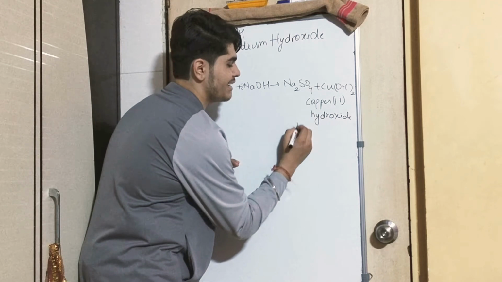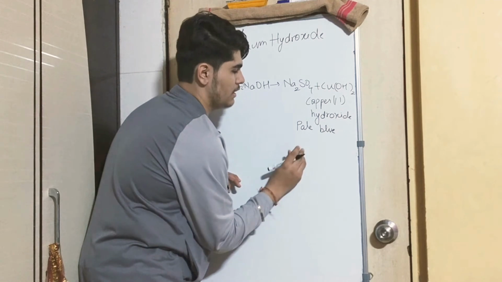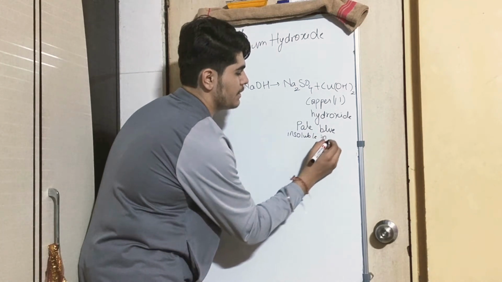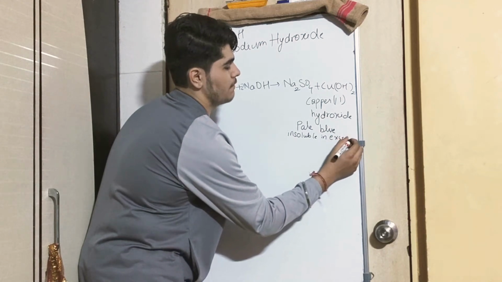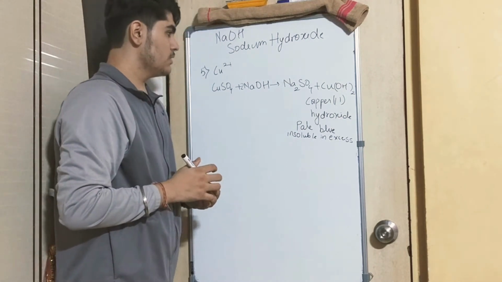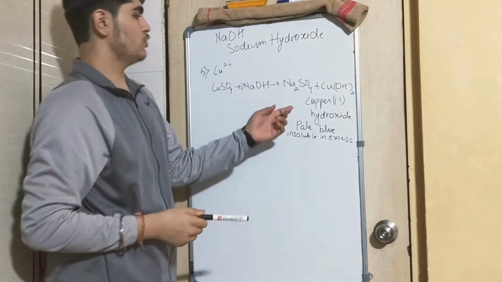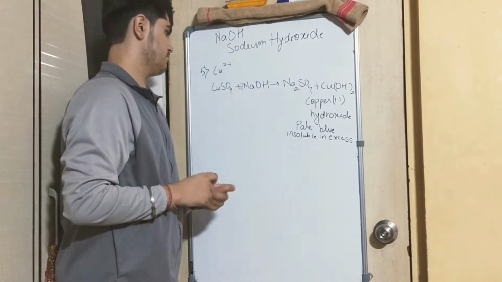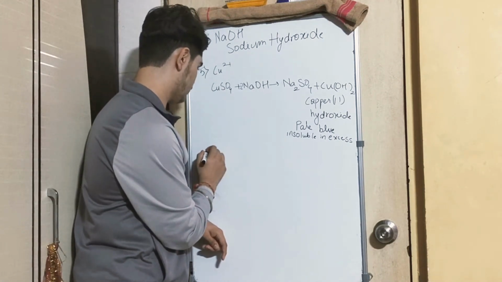This precipitate is pale blue in color and insoluble in excess of NaOH. This was the reaction with the Cu2+ ion. Hope you have understood. We get to the 6th.